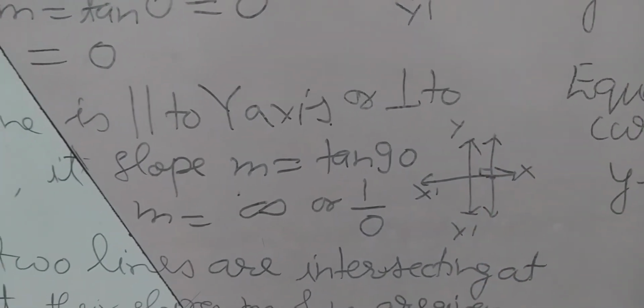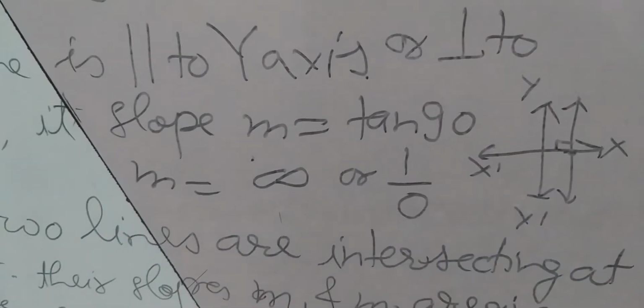And we know the slope formula m equals tan theta. So m equals tan 90. Tan 90 value is infinity. That's why slope of a line parallel to y-axis is infinity, or we can write 1 upon 0.